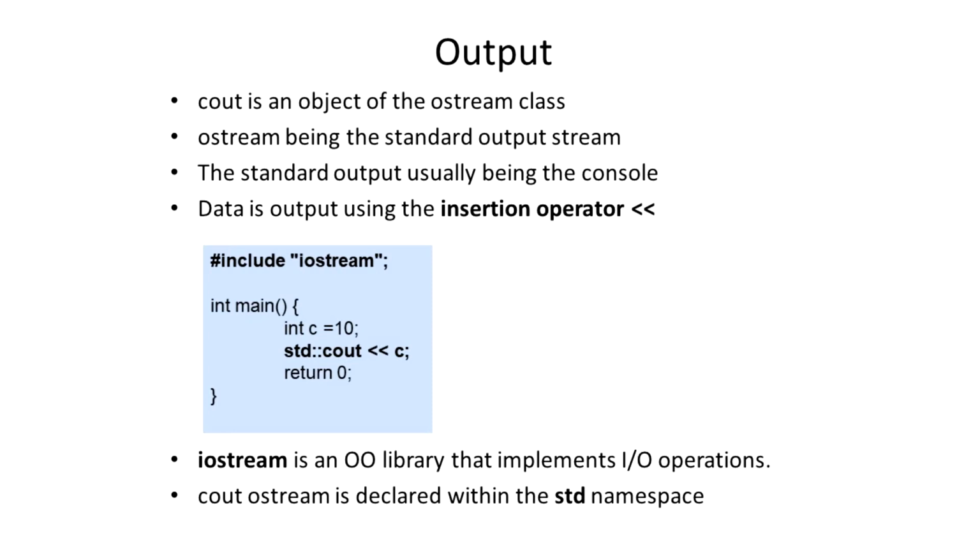And so regardless of whether you use the namespace std or you don't, you're going to need to have the 2 angle brackets following that. And this has actually got a particular name. This is called the insertion operator. And you'll notice that in this example, we've actually declared a variable in the line above. It's an integer variable with the value of 10.